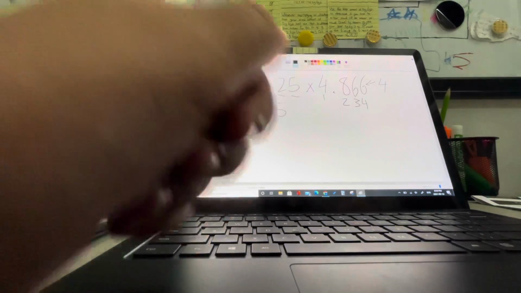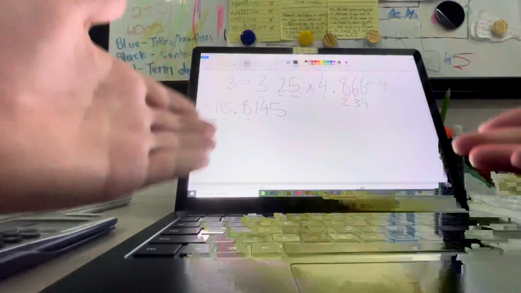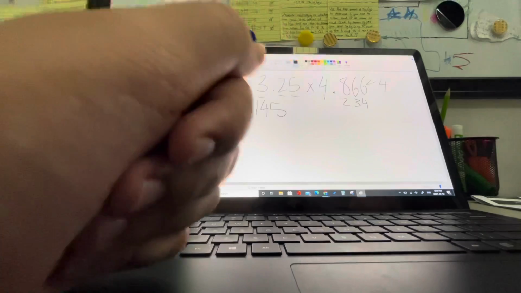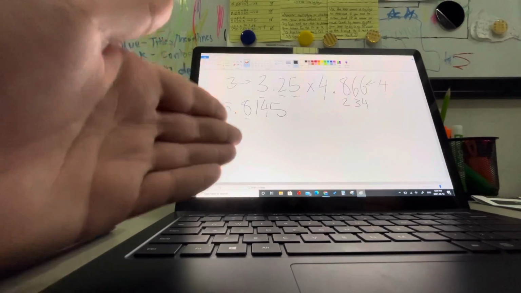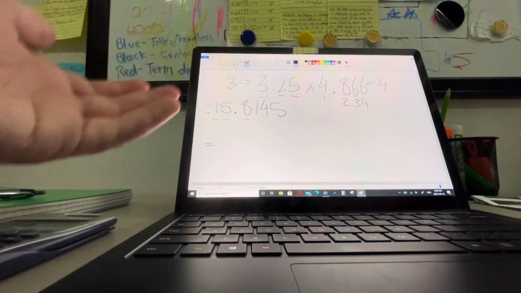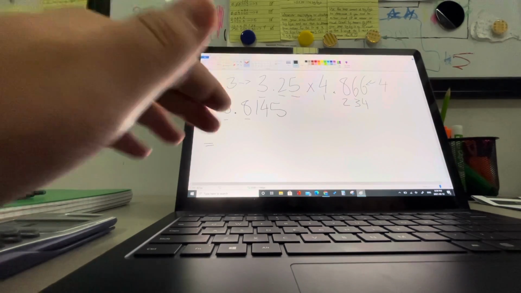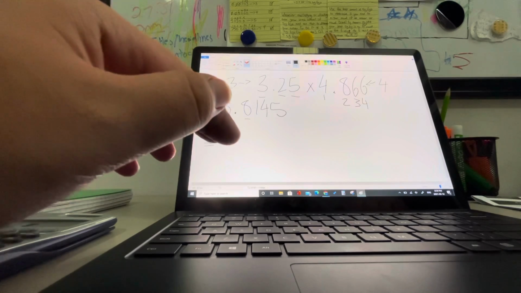Okay, now, we are basically simplifying at this point, okay? So our original answer from this multiplication is 15.8145, correct? I'm probably correct because I calculated it and you guys did as well. So, okay, we're getting 3 significant figures out of this answer, 1, 5, and 8.